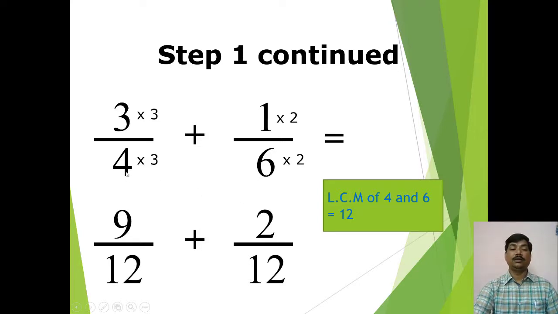Here the denominators are 4 and 6. So you find the LCM of 4 and 6. Here the LCM of 4 and 6 is 12, as I already wrote here. But you can find the LCM of 4 and 6 by the factorization method or another method.